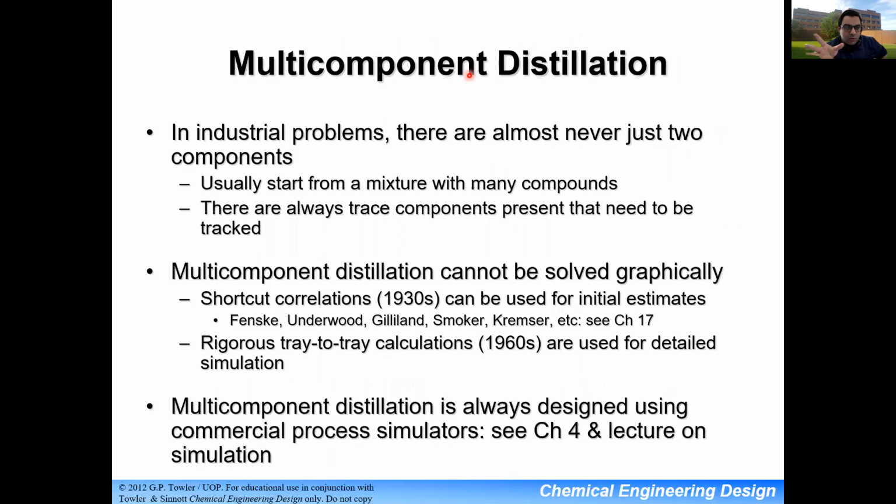If you recall from mixture calculations in thermodynamics, calculations become more difficult, need more computational time, etc. And you can always use MATLAB or some sort of computational tool, computer, whatever, to make it quick for you, or to create a standardized calculator for these types of things. However, by hand, it becomes very complex. And again, multi-component distillation columns are always designed using commercial process simulators.